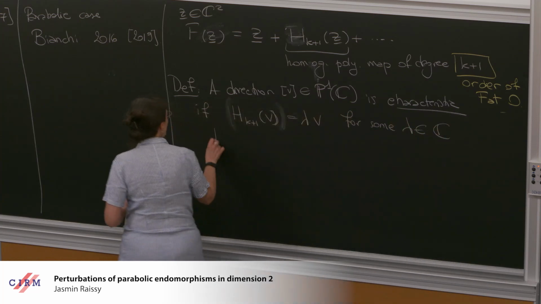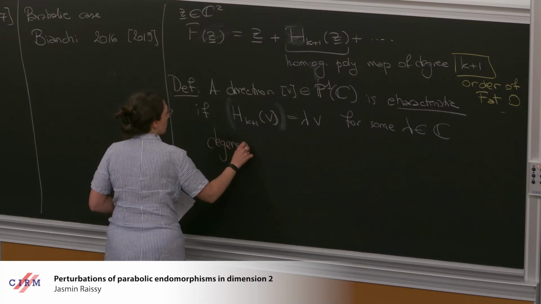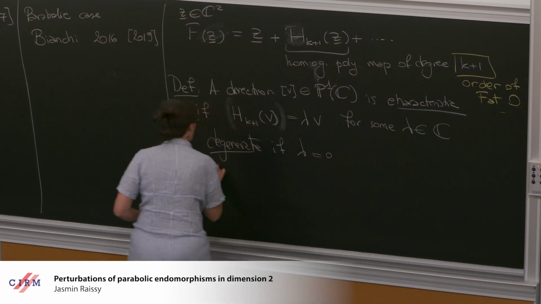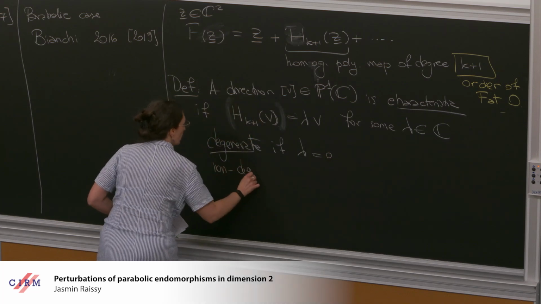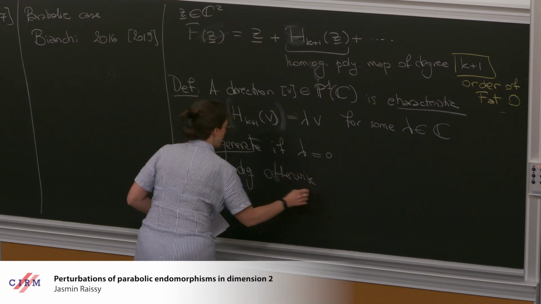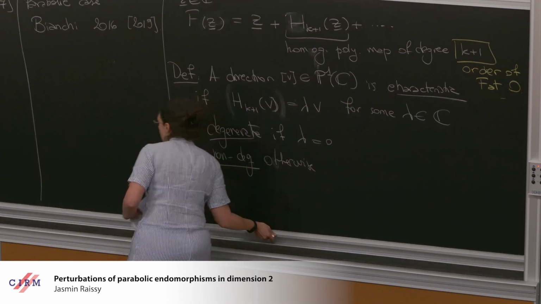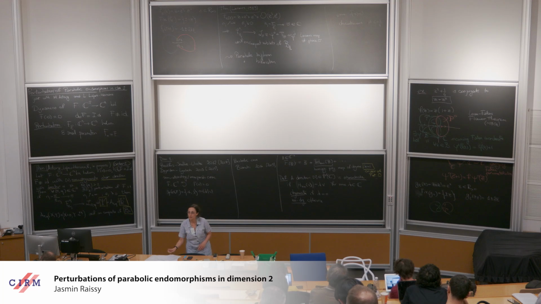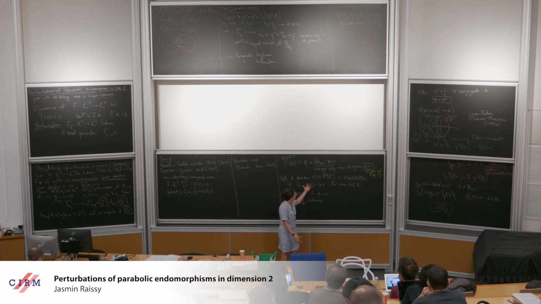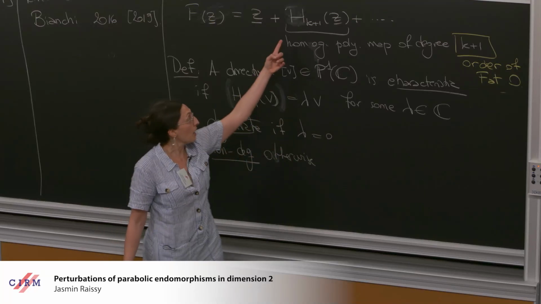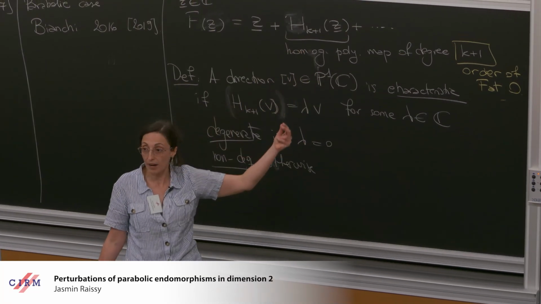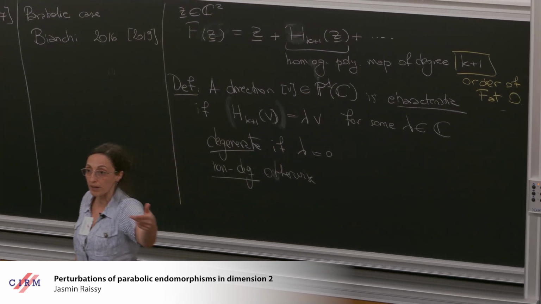It's degenerate if lambda is 0, non-degenerate otherwise. If you like to see computations, this is how you do it. But what is this telling you? You have a homogeneous polynomial map of degree k plus 1, so it induces a map on P1.